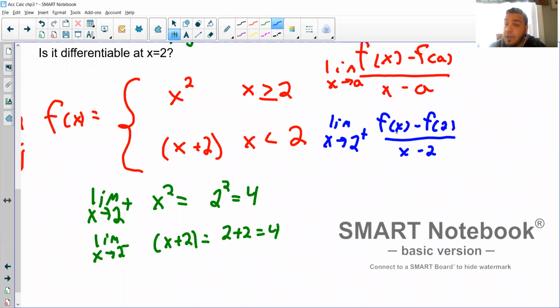Okay, so let's plug in the 2 for this one. It is x squared, so it's going to be x squared minus 2 squared over x minus 2.